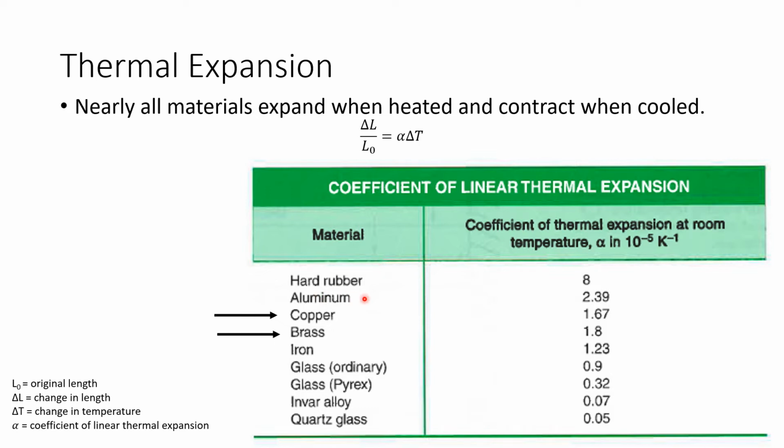So we have hard rubber and aluminum, going all the way down to glass. You can see it pretty much goes down, except copper and brass, which I think should be switched, because copper is only 1.67 and brass is about 1.8. You can see the trend.